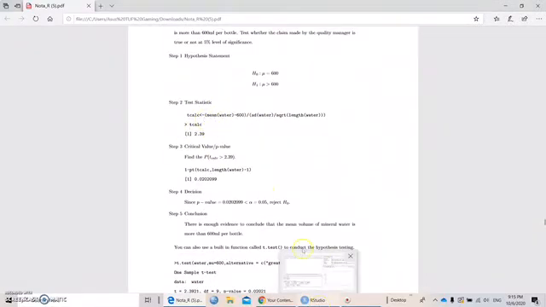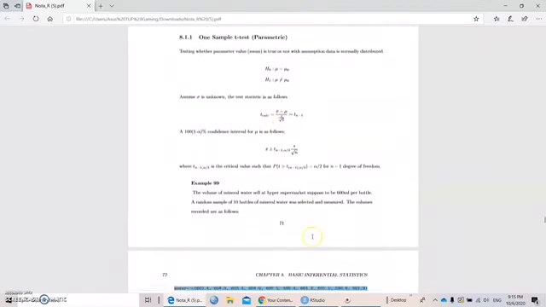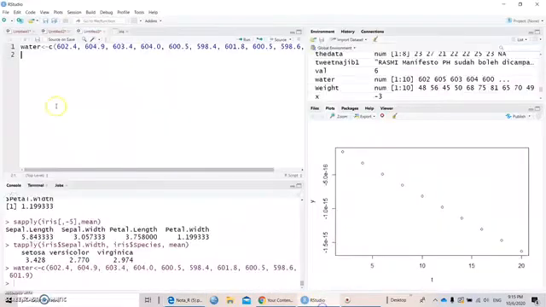This is based on the formula x bar minus mu divided by standard deviation over square root n. So you can write t calc is equal to the x bar, the mean of water, minus the parameter value, which is 600.